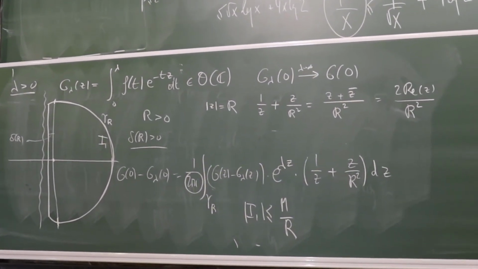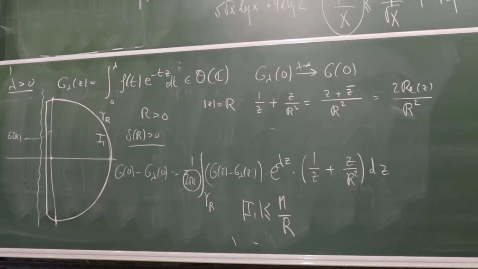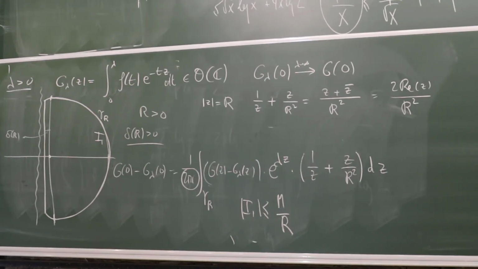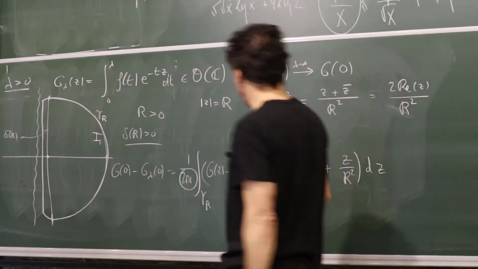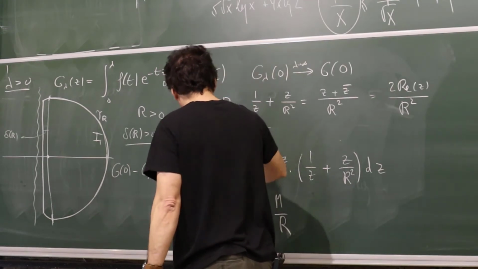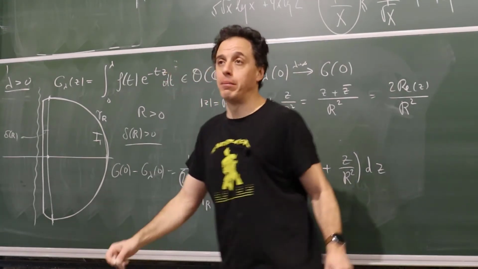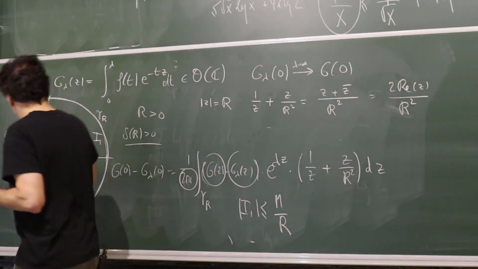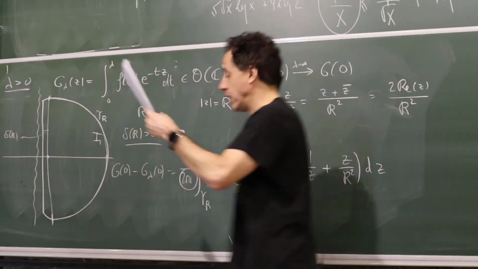Second integral. For the second integral, for the negative part, we're going to separate the integral of g lambda, and the integral of g lambda, in the terms on this side.